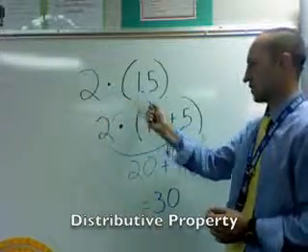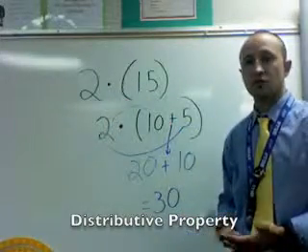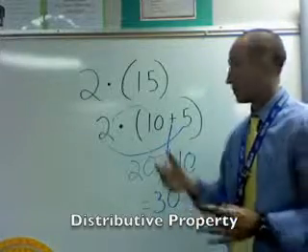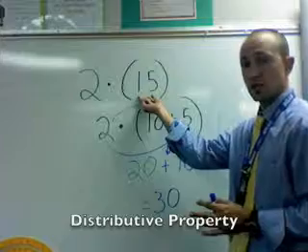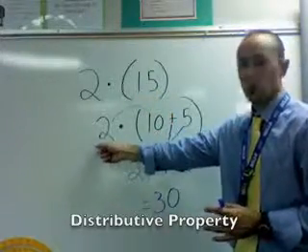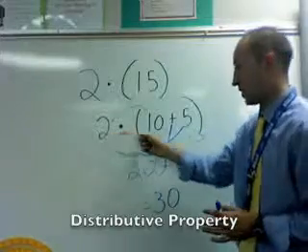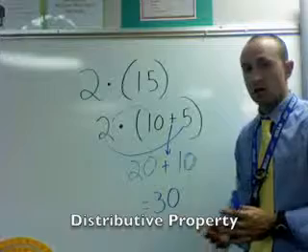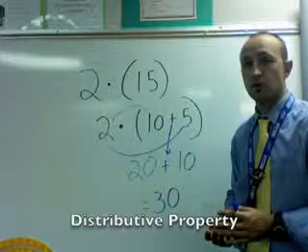Is 2 times 15 30? Yes, it is. So now I know that I did this problem the right way. Now remember, the key was to turn the number inside the parentheses into an addition problem, and then to distribute or multiply the outside number by both of those, add them together, and we get our final answer, which is called the distributive property.